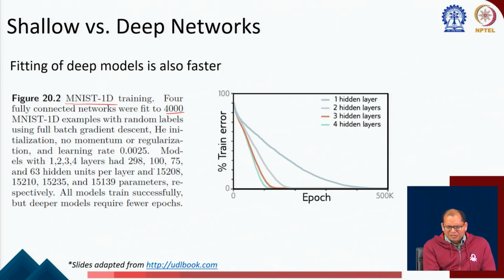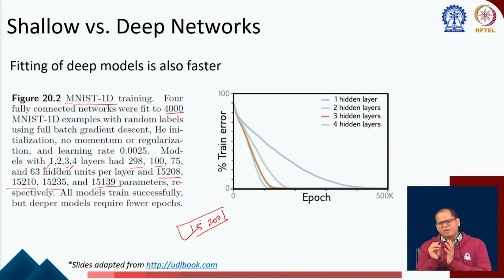They were 1, 2, 3 and 4 layer networks, with hidden units chosen such that the final parameter counts are roughly the same, in the range of 15,200 parameters. They had fixed the number of parameters, but the layers are different.